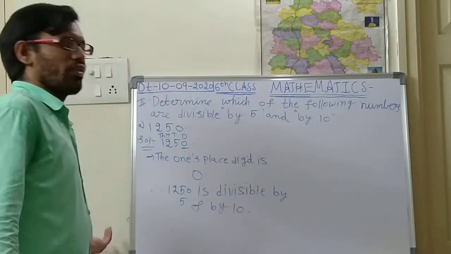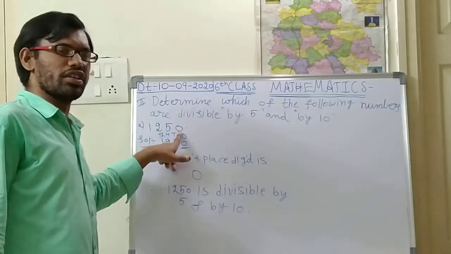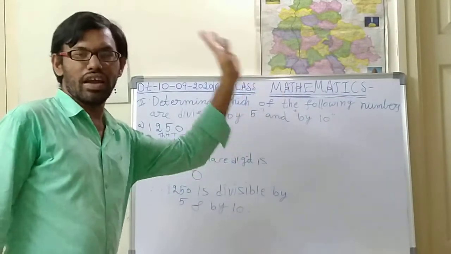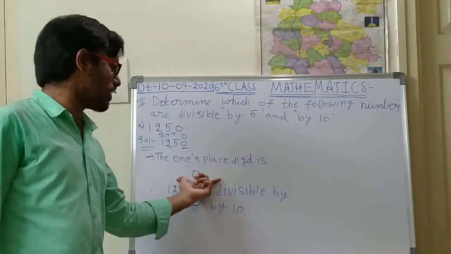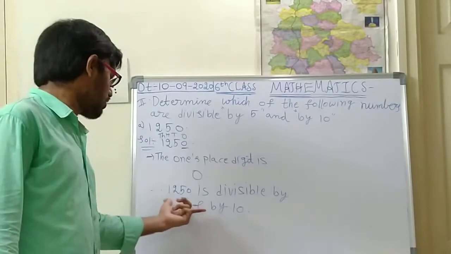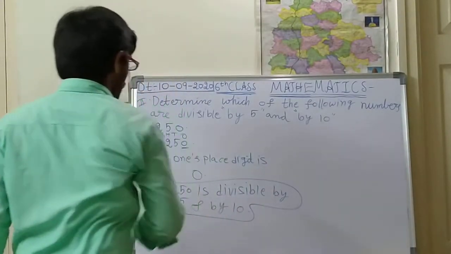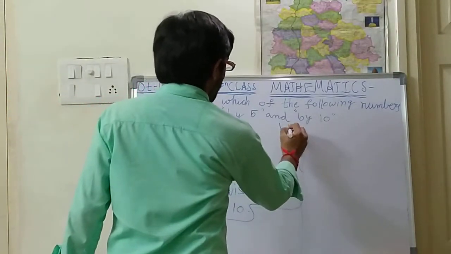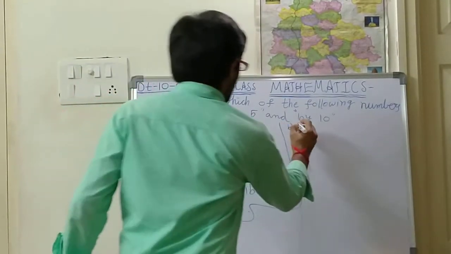So directly we have written. Only 0 is there as the ones place digit for both 5 and 10, so I have written directly that 1250 is divisible by 10 and by 5. Like this you are supposed to do. Next, B problem. What is the B problem? Next we shall see 70985.